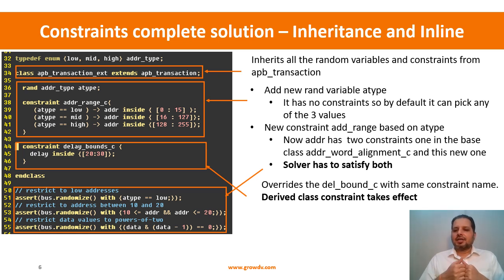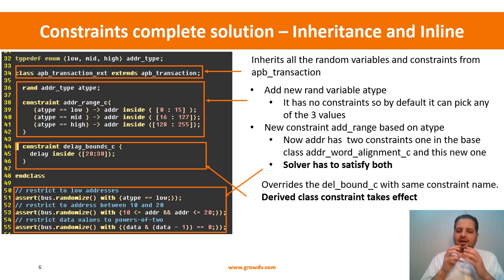Now, as per the inheritance rule, we can do two things. One is we can add new constraints to the same variables that we had declared in the base class. If we add new constraints, then the constraint solver has to satisfy the constraints present in the base class as well as the constraints present in the derived class.